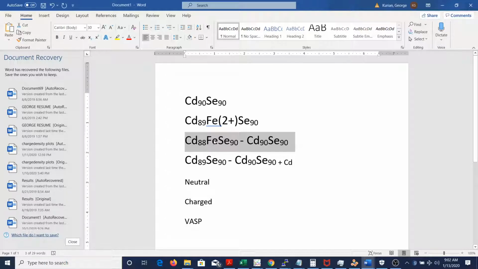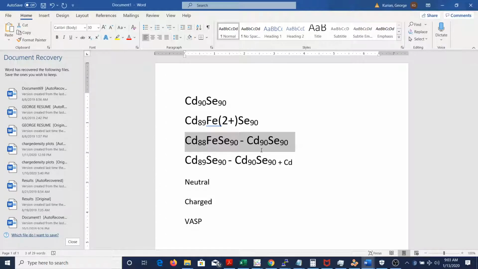As I mentioned before, this is a neutral cadmium selenide with the cadmium vacancy and Fe. We don't know if it's Fe2+ or Fe3+, because VASP decides where the charge is going to go when we put in the charge, in the case of the neutral.